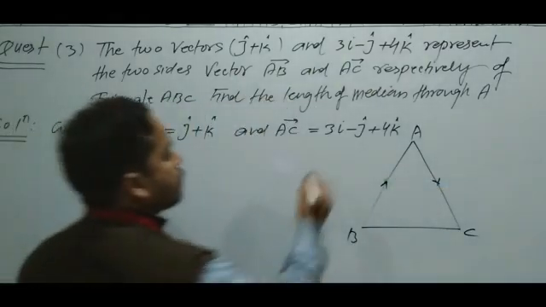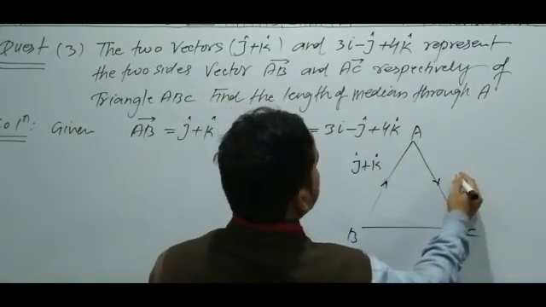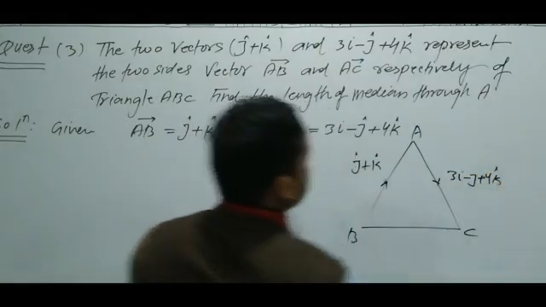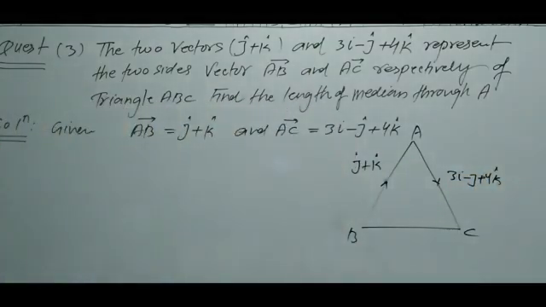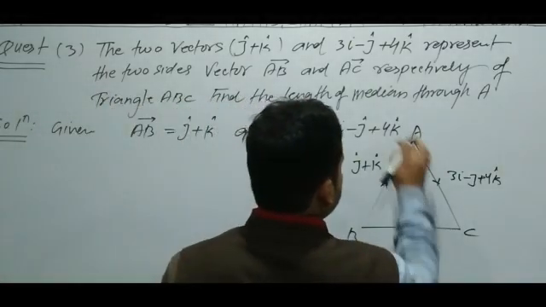So AB vector is j plus k, and AC vector is 3i minus j plus 4k. So BC vector, what can we write? BC vector we can write BA plus AC.